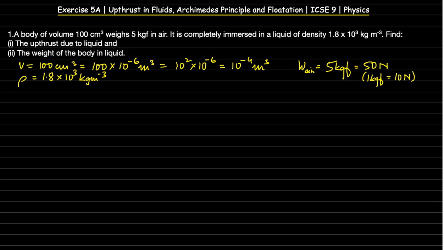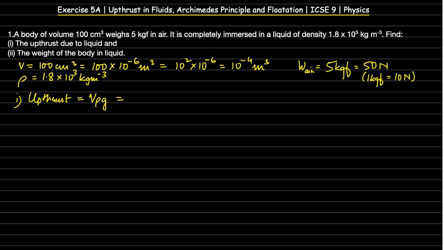We need to find the first thing, that is upthrust. For finding upthrust, we know the formula. Upthrust is equal to V into rho into g. Now since we are doing it in SI unit, you can see that the density is also given in SI unit. So I would just be writing it here.